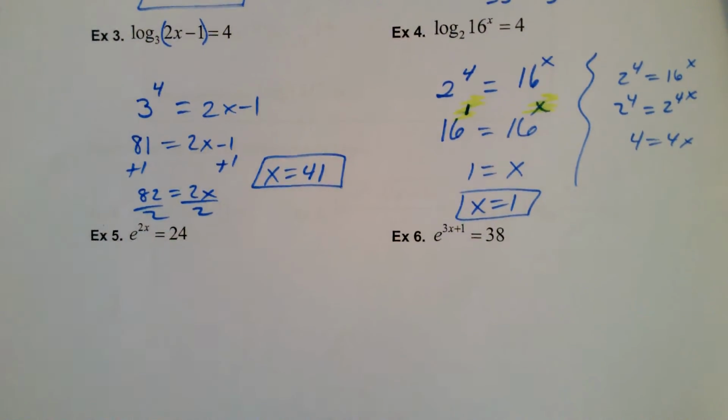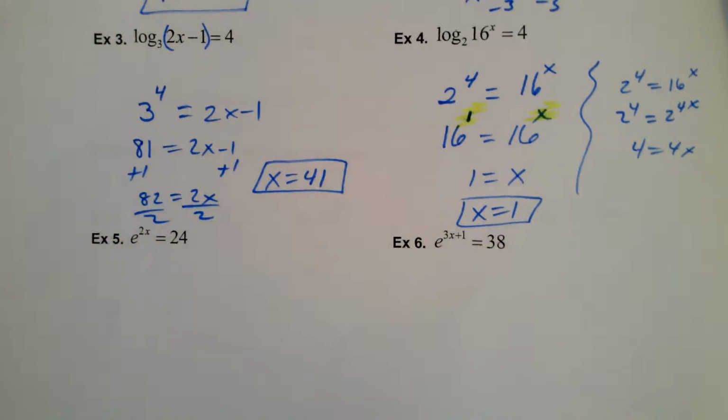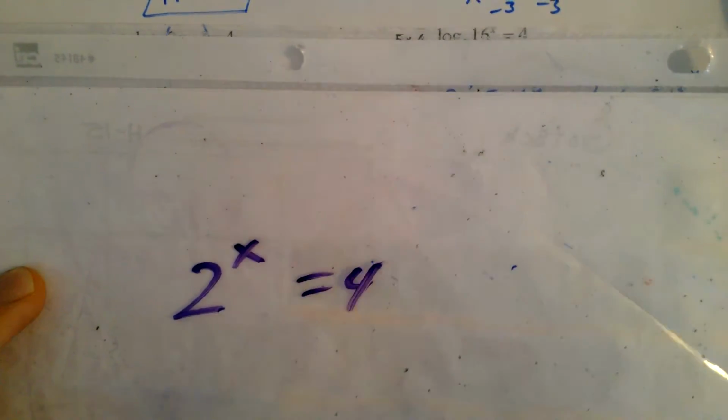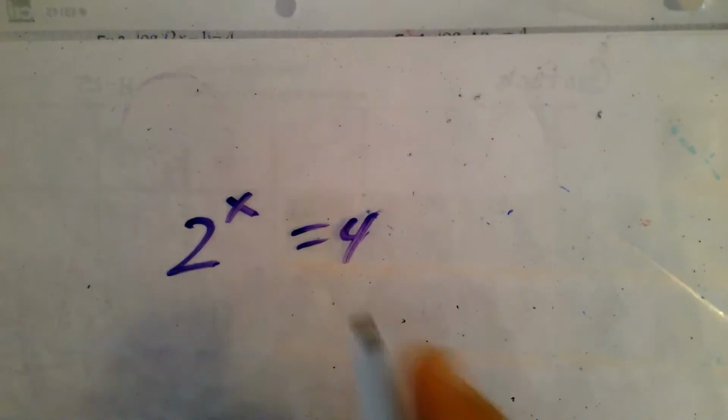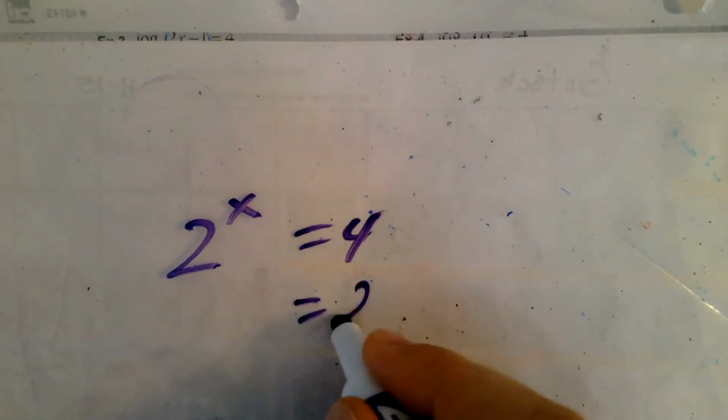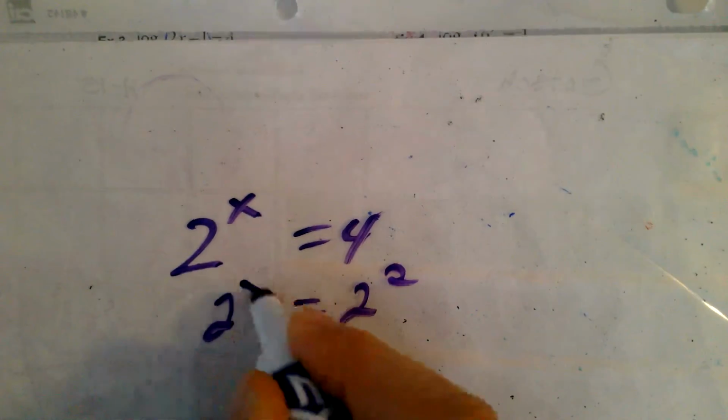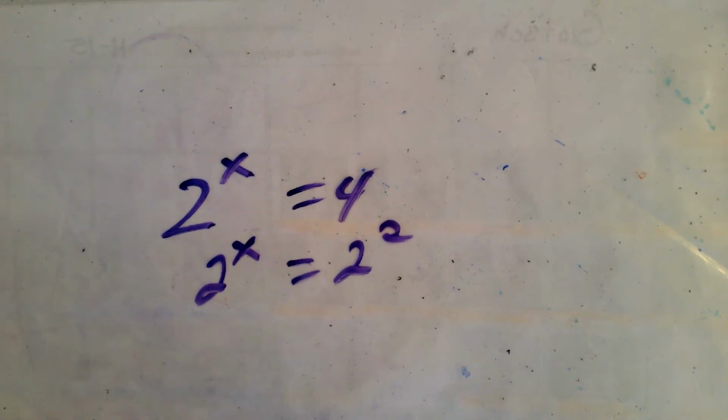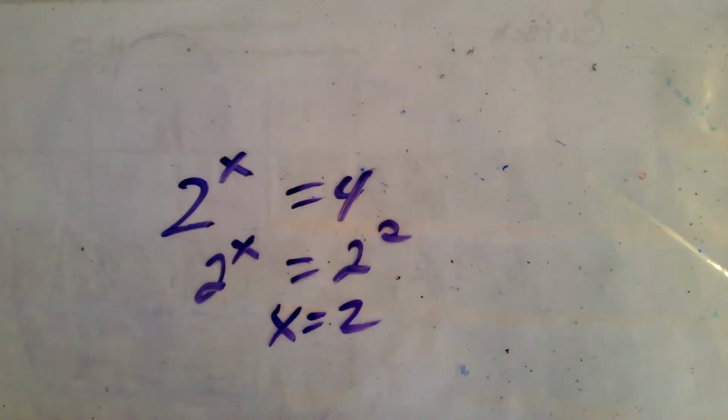So examples 5 and 6 are now when we have an exponential equation. When we're dealing with exponentials, the idea is we go back. If I have 2 to the x equals 4, we solve that pretty easily by converting 4 to 2 squared, and then we learned if our bases are the same, the exponents are equal.